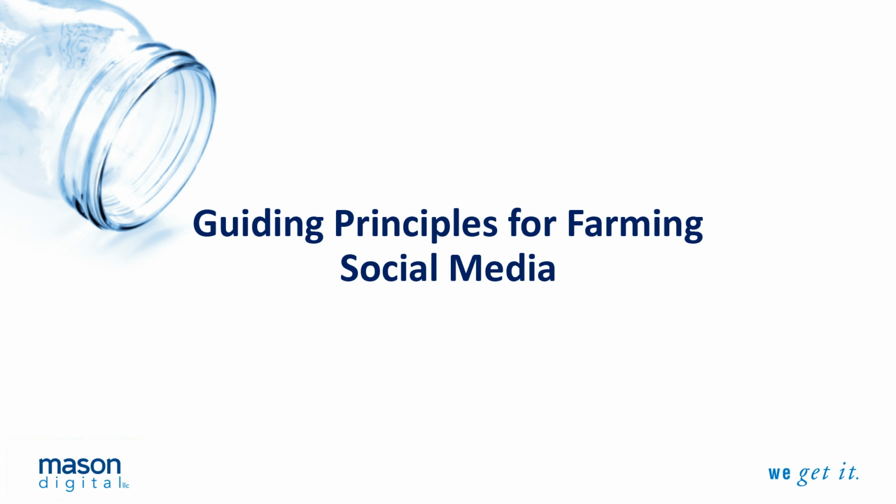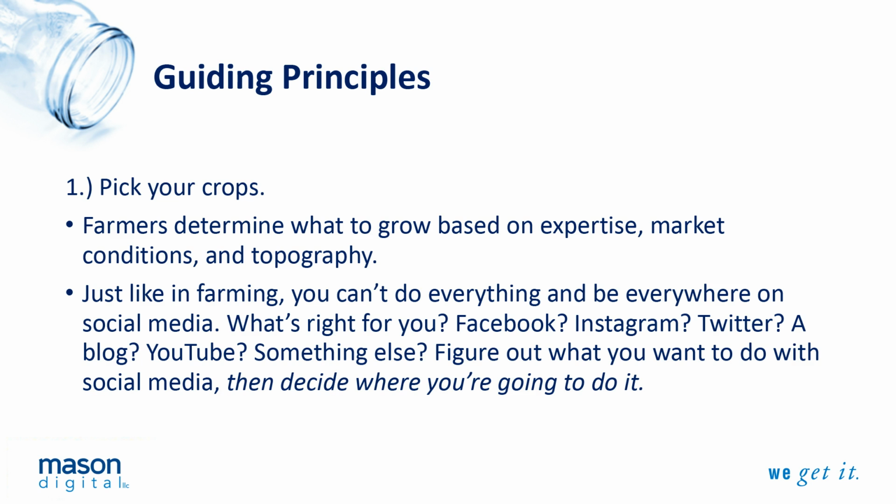So the first and foremost, these all have a farming spin on them. So pick your crops. So each year and each season, you determine what crops you're going to be planting on your farm, right? So the same should be the case with social media. So again, talking about why do you want to be involved in social media in the first place, but also what types of sites do you want to be participating on?